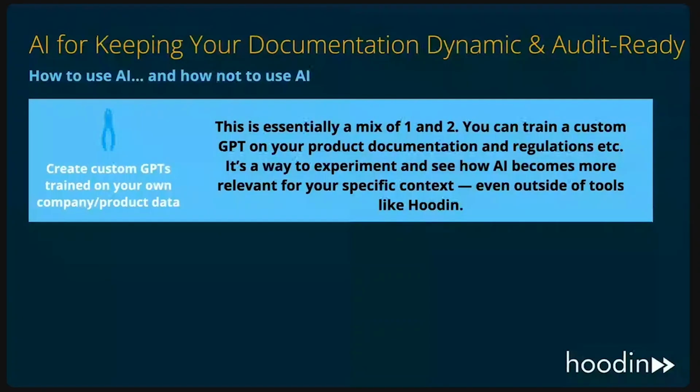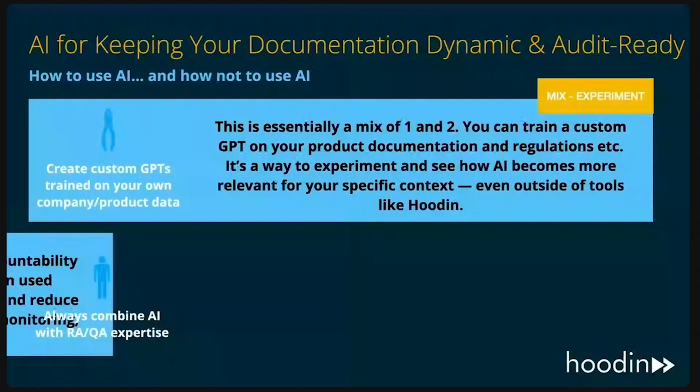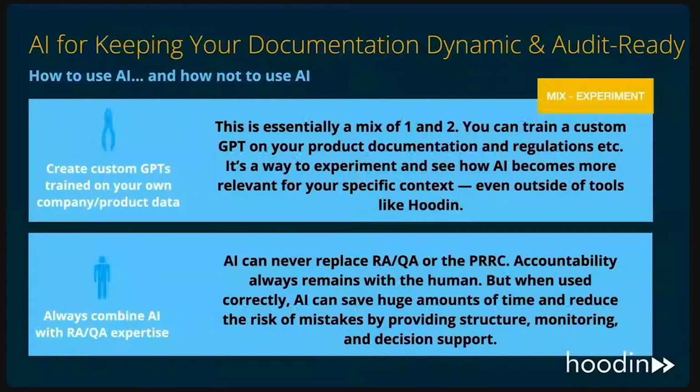It's sensitive, but it's a way to experiment and see how AI becomes more relevant for your specific context, even outside tools like Hardian that handle that automatically. The experiment is a good learning path, really. And of course, finally, the most important thing, always combine AI with your own and your peers' expertise. That's very important to mention at any time.